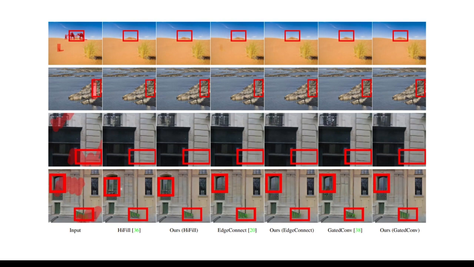As we can see, no matter what the base model is, the qualitative result generated by their method is better than the base model. This shows the effectiveness of their method, and it can be easily added after any inpainting model.